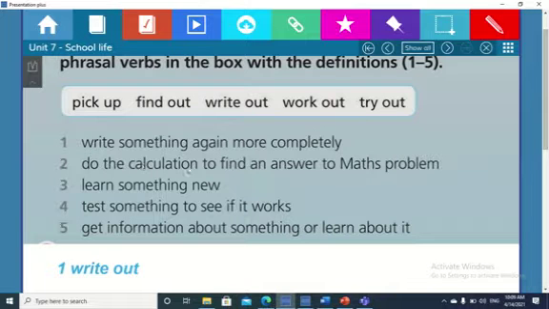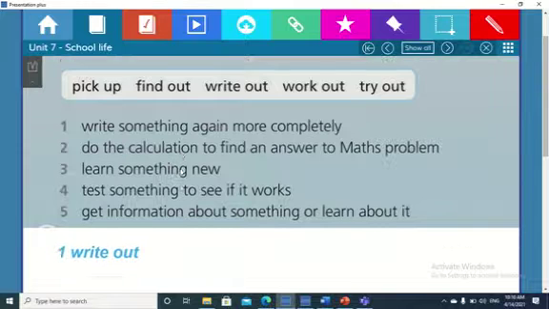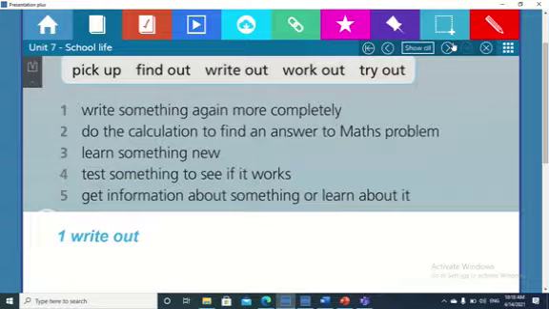Do the calculation to find an answer to a maths problem. What is the calculation? It means working with numbers. So of course this is to work out. Work out means to do the calculations to find an answer to a maths problem. What is a maths problem?